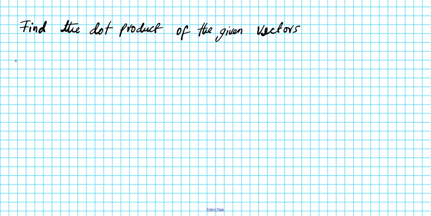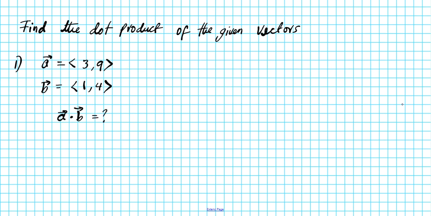Alright, so now let's say we have vector A as 3, 9, and vector B is 1, 4. So we are asked to find the dot product. So what is the dot product of vector A and B?